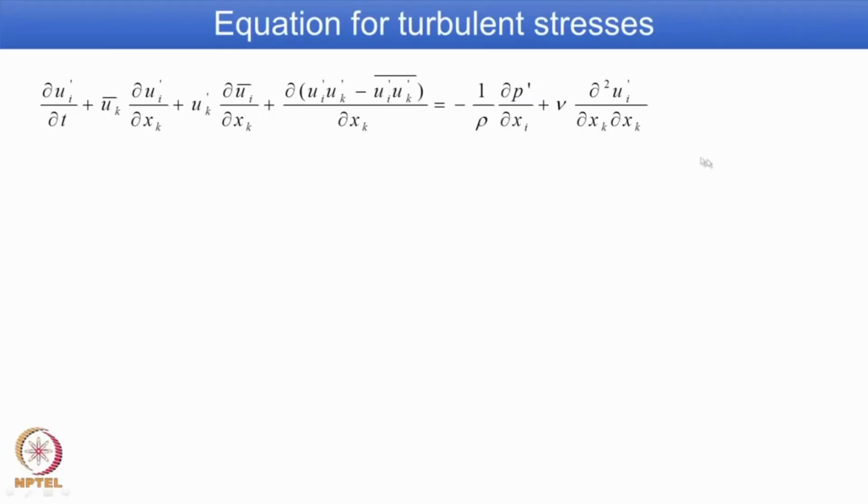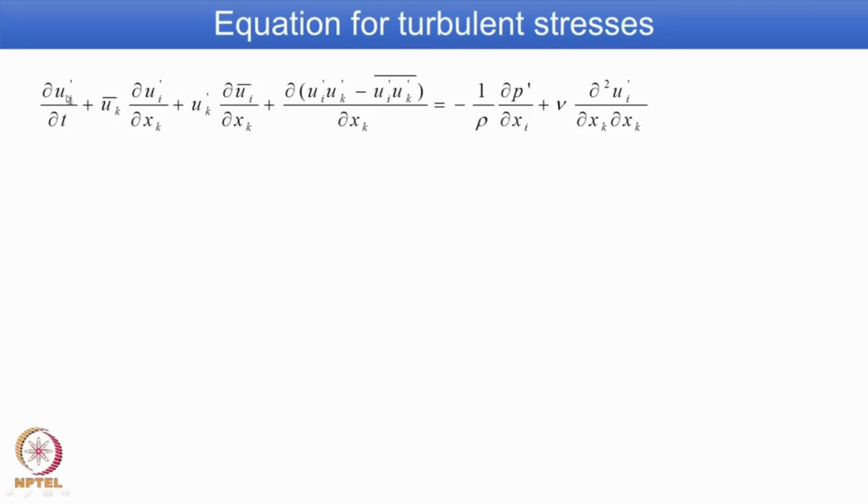In the first approach, trying to derive equations for additional unknowns, we will end up getting more unknowns. We are going to derive equations for those unknowns, and at the end you will observe that you get only more unknowns rather than closing the problem. So, this is the equation that is obtained for the fluctuation.